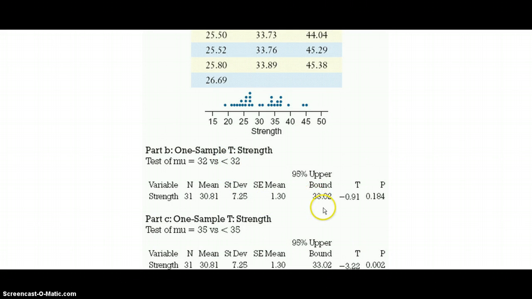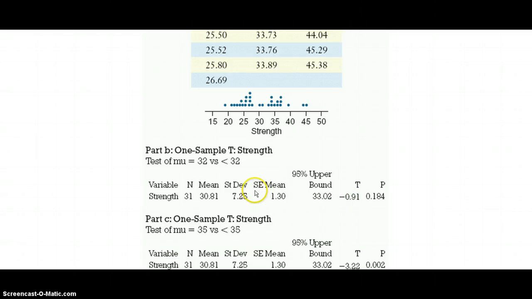And so this is what 95% is kind of like, creating a confidence interval, except the entire remaining 5% is all concentrated towards the bottom here. So we'd have a t-value of negative 0.91.